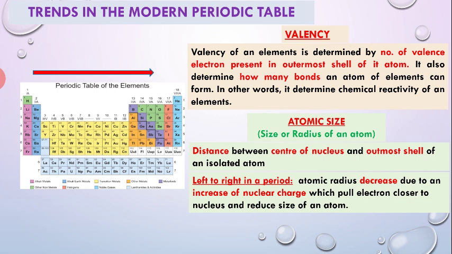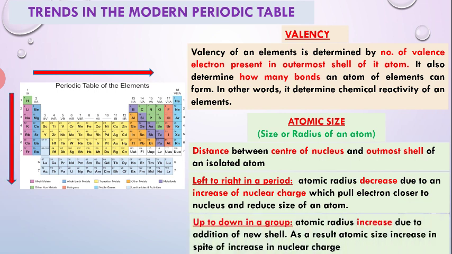So the pulling power of the nucleus, especially the positive protons, is very high, and because of this the orbit size is reduced, and as a result the size of an atom decreases as we move from left to right.